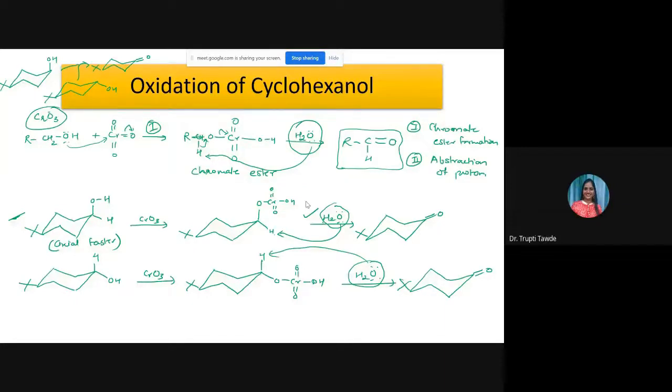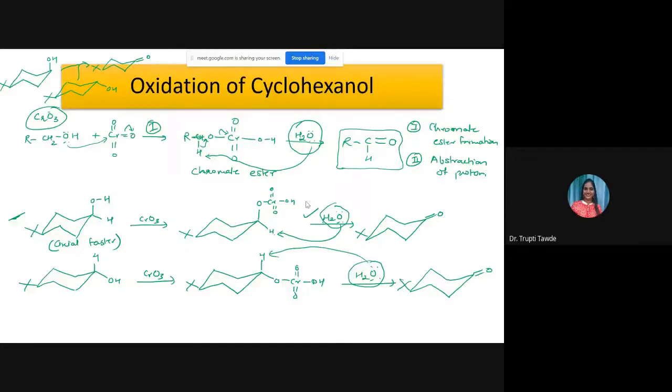But later on they tried this reaction with different steroid derivatives, with different types of alcohols, and what they saw is that removing the proton from the axial position or the equatorial position doesn't make that much difference.